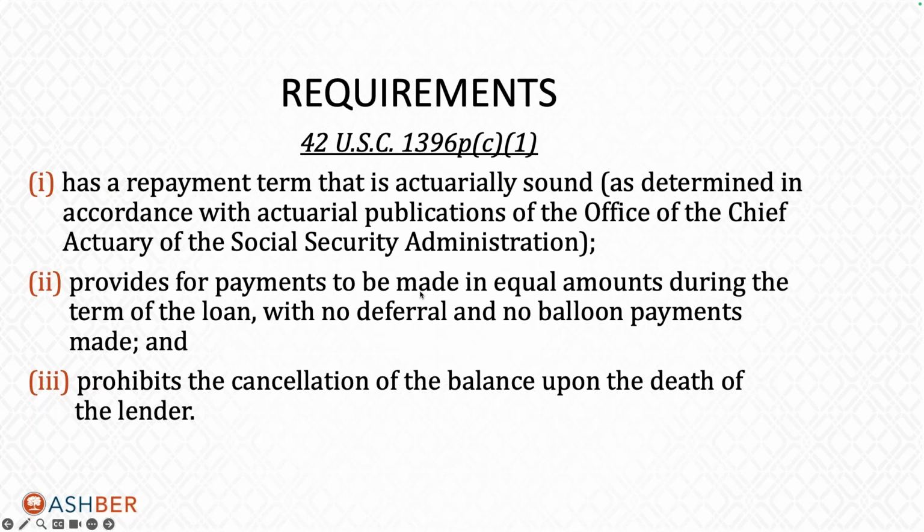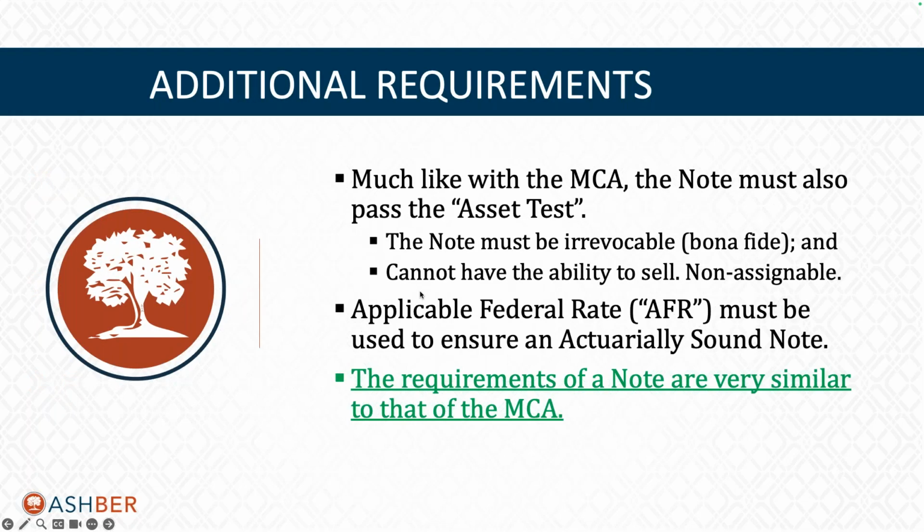And third, the promissory note must prohibit cancellation upon the death of the lender. That's a roundabout way for the state to ensure that the note has a payback provision, because you can't really put a payback provision on a promissory note. So instead, they have you continue the payments to the decedent's estate, and that's where they use estate recovery to collect for benefits paid.